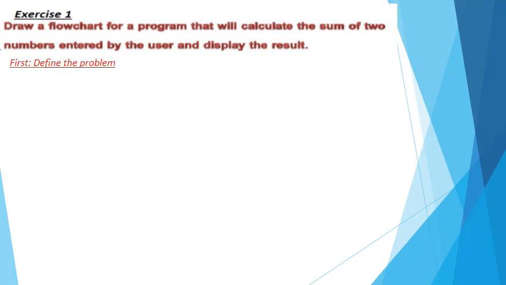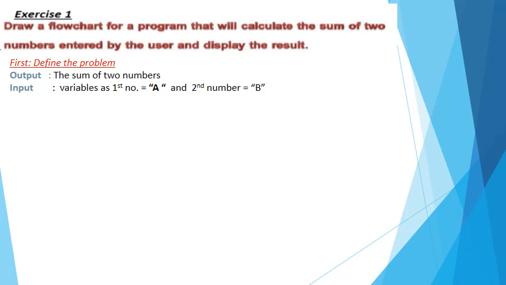First, I should define my problem. What should I define about my problem? Three things: the output, the input, and the solution steps. Here, the output is the sum of two numbers. I want to calculate the sum of two numbers. So this is my goal.